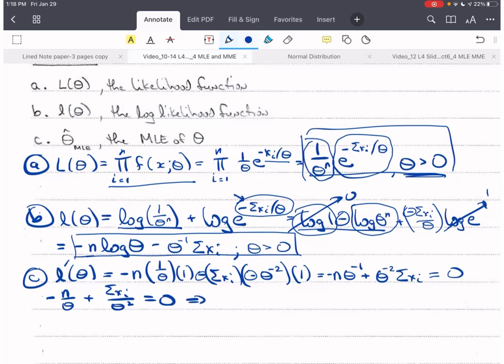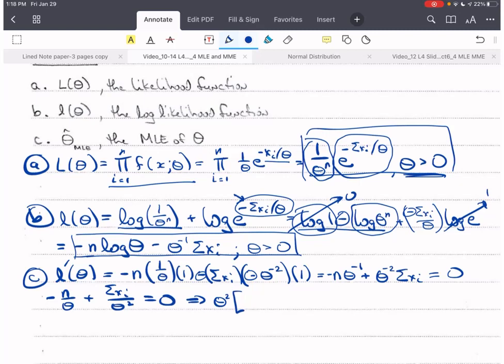So I want to multiply by theta squared, not 1 over theta squared, because I want to get it out of the denominator.